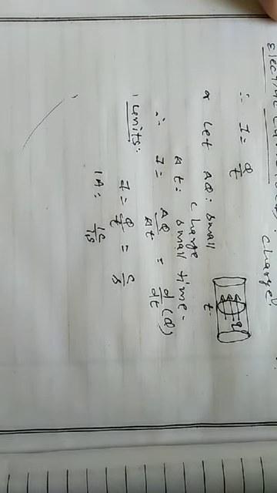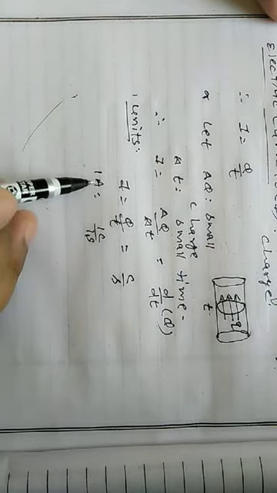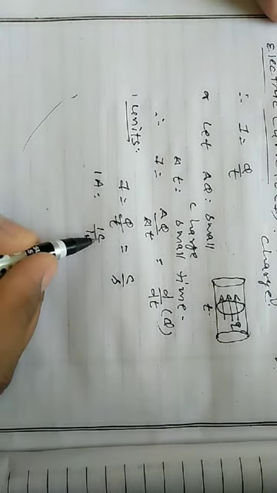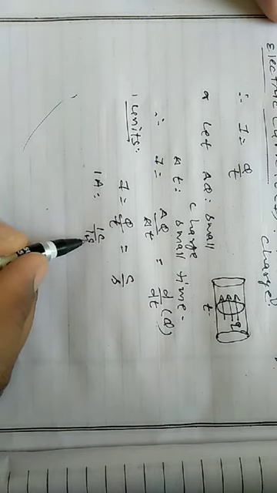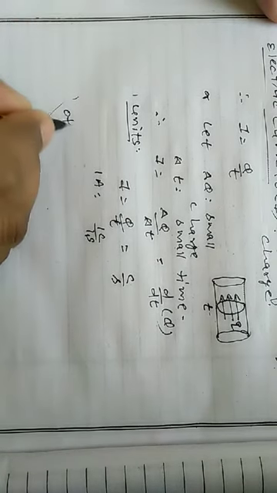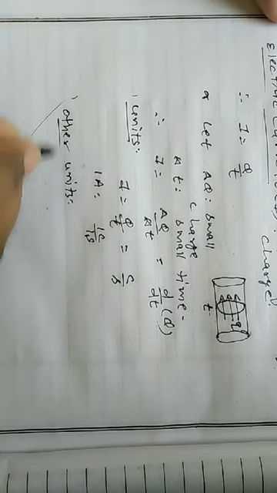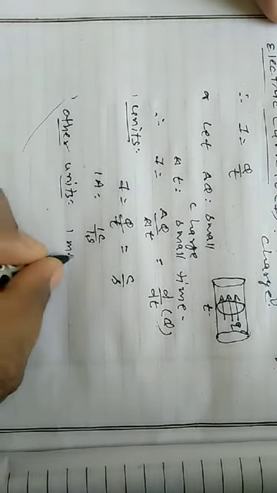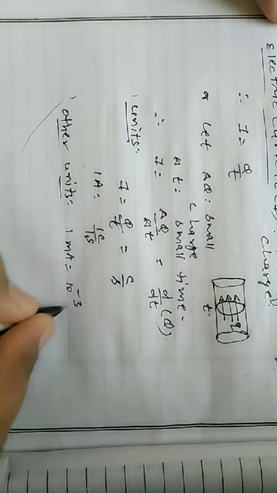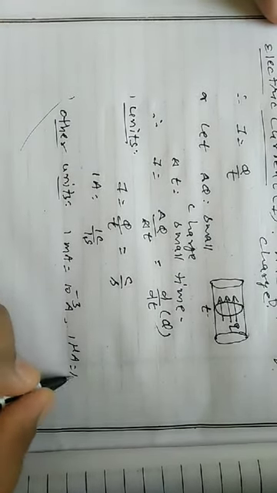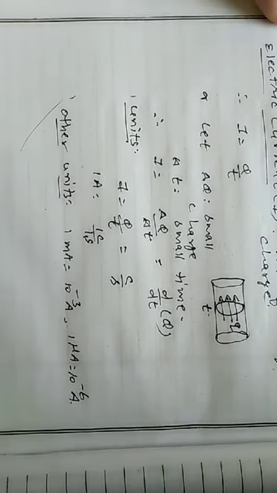Now we can define 1 ampere: the current is said to be 1 ampere if 1 coulomb of charge passes through a conductor in 1 second. Other units: milliampere, 10 power minus 3 ampere, microampere, that is 10 power minus 6 ampere.